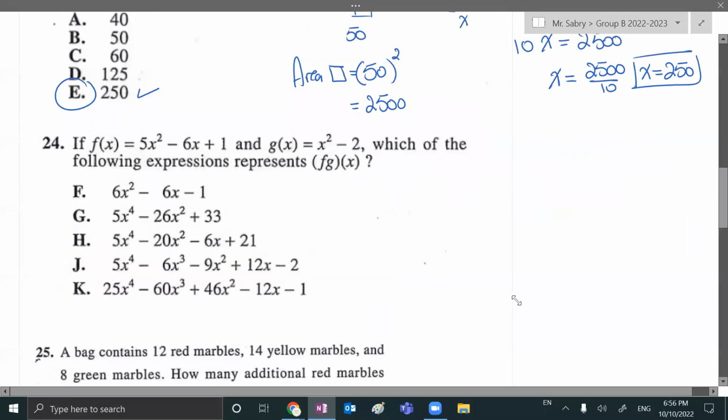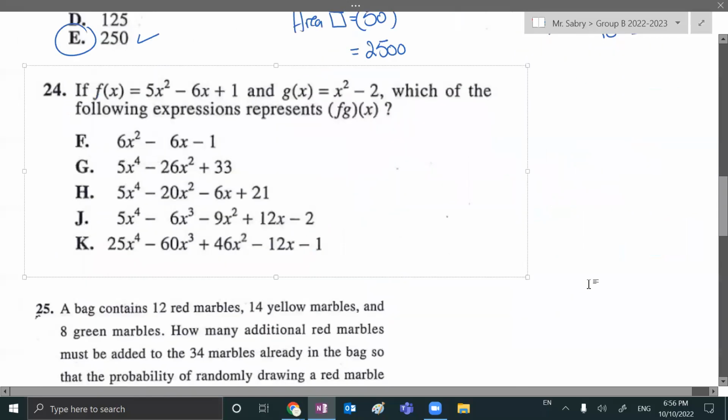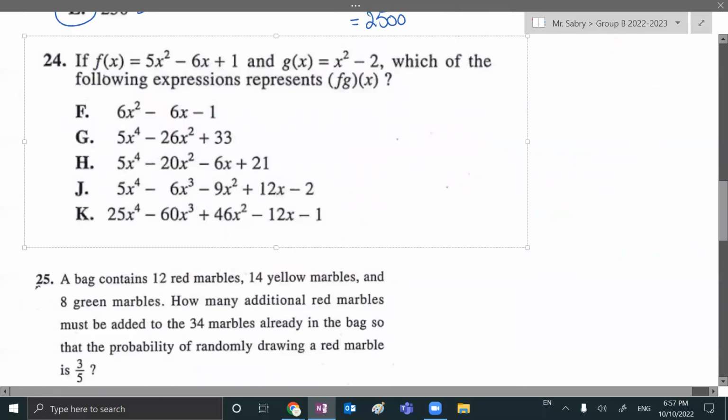Now moving to 24. You're given f of x and g of x first, and then you're asked to find f times g of x. Fg means they're multiplied. So first I need to multiply both functions and then check what the answer will be.